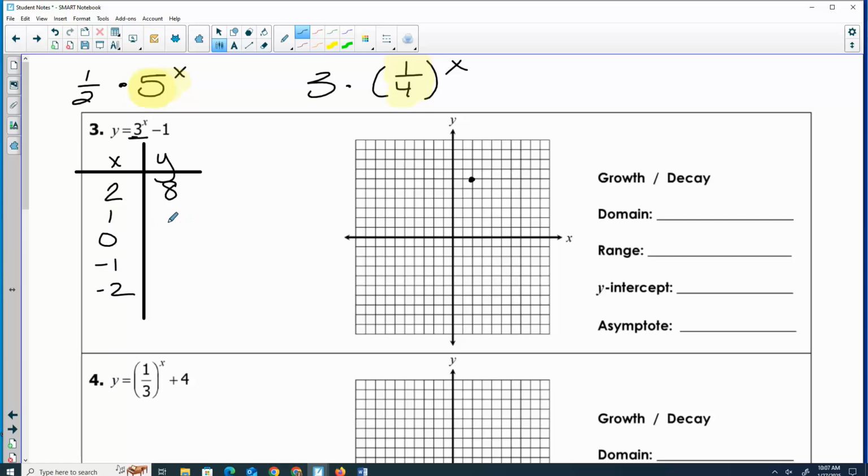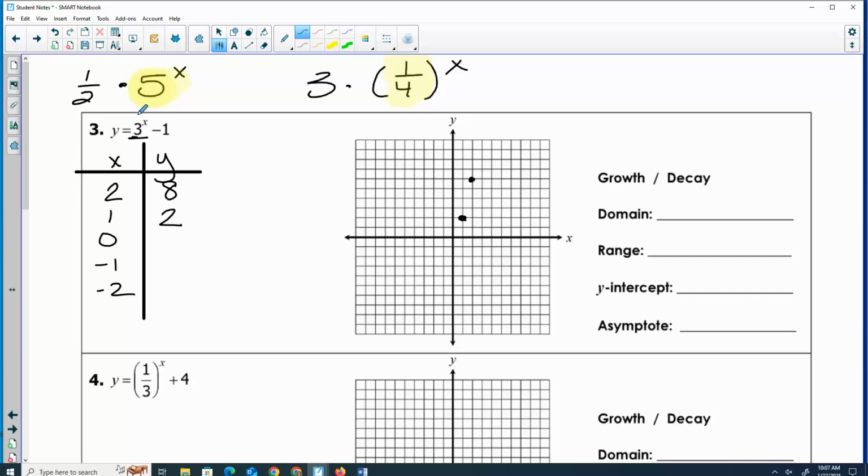Jetta, if I plug in a 1, what do we get? 3, and then we subtract 1 and we get 2. So (1, 2).